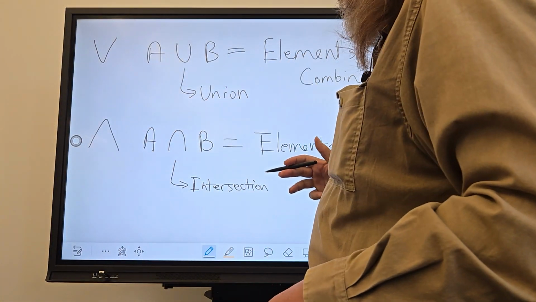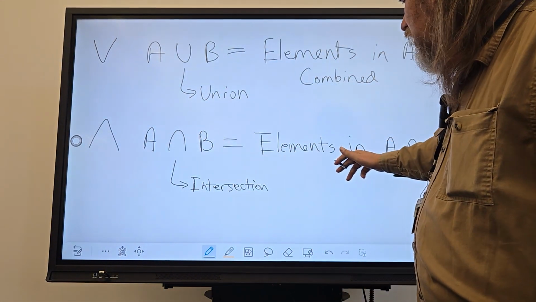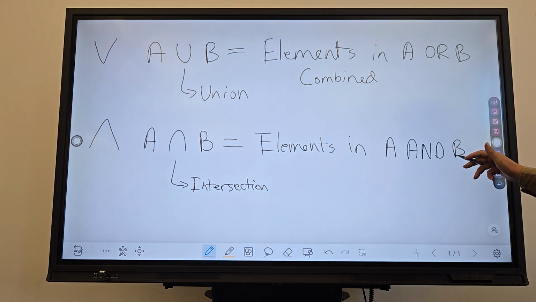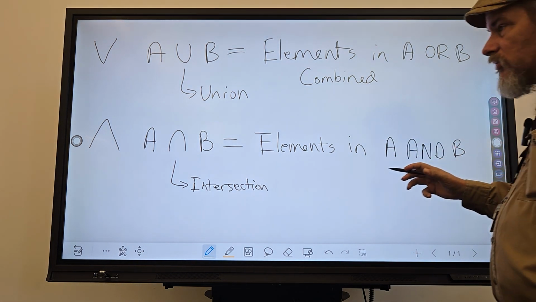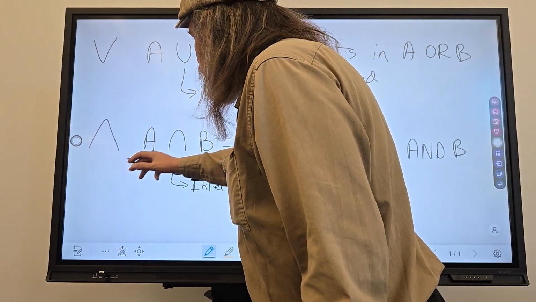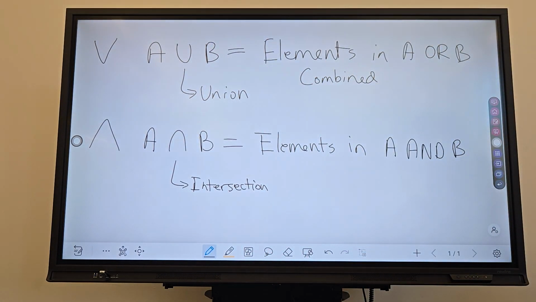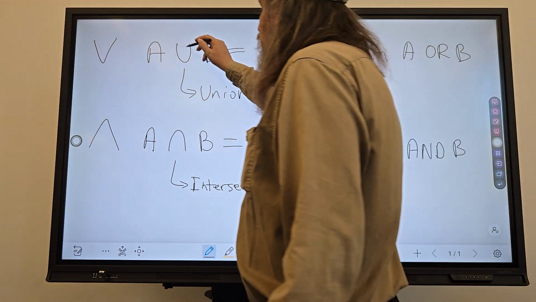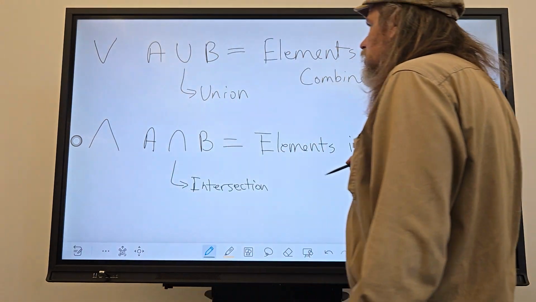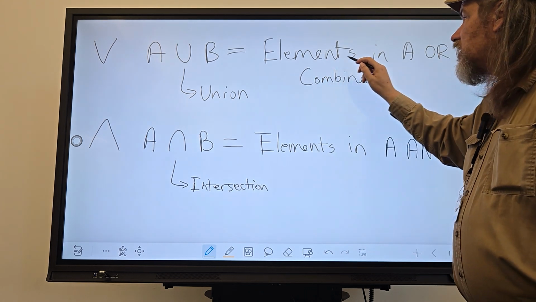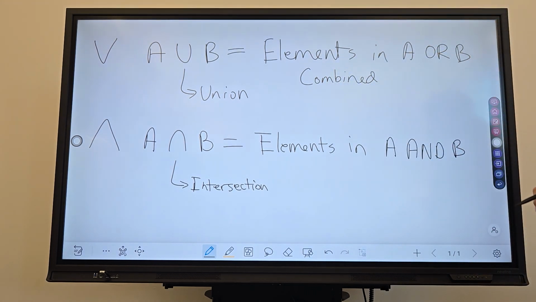So intersection is the elements that are in A and B. It's open down like the and symbol from the beginning of the semester. Likewise, this is open up like the or symbol. So this is all the elements that are in A or B combined into one set. So that's the easy five-cent tour of union and intersection.